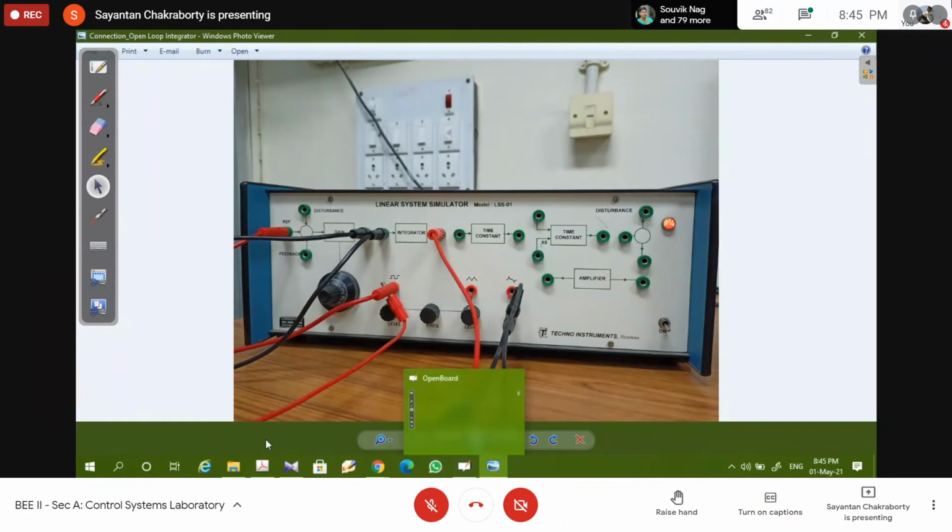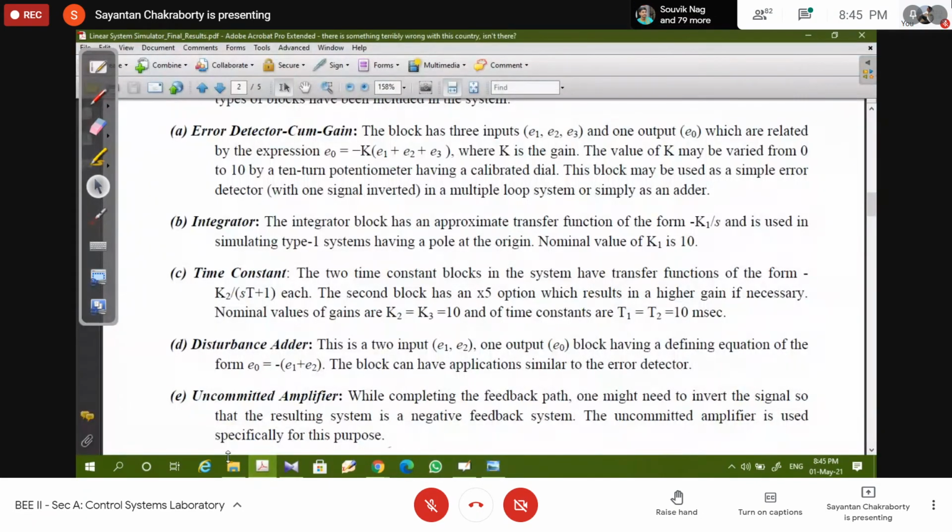The purpose of the error detector will be much better covered in your next semester. But the main purpose here is to execute the feedback connection. I'll show you. Next is the integrator, obviously. The integrator block is there.